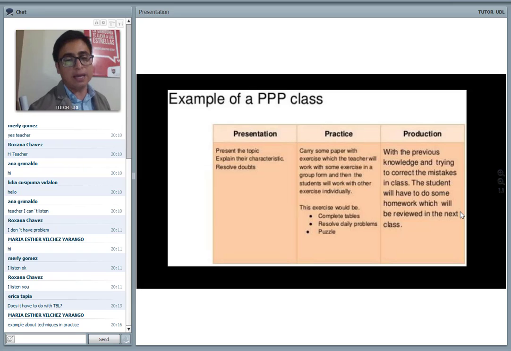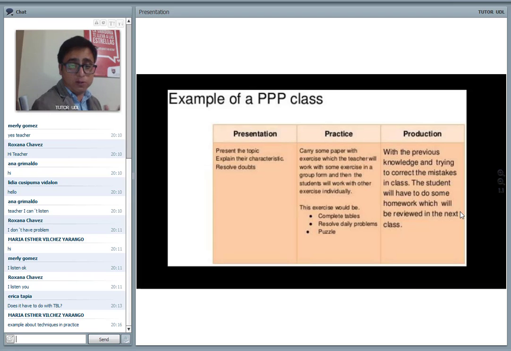Once you present the topic, the students are going to have an idea about the topic. So then the students need to practice. Maybe you can give a piece of paper with some grammar activities with present simple, so the students need to complete them. In that case, the students are practicing, right?